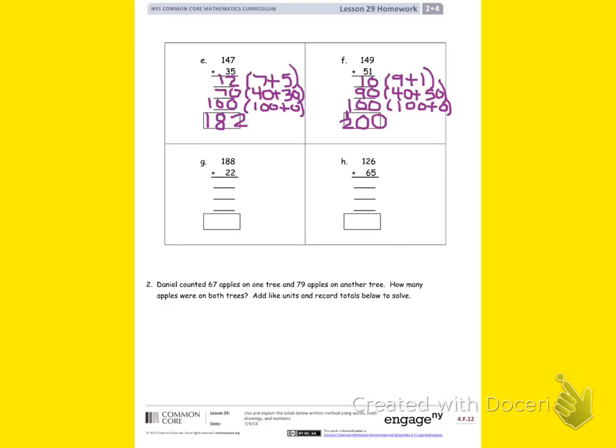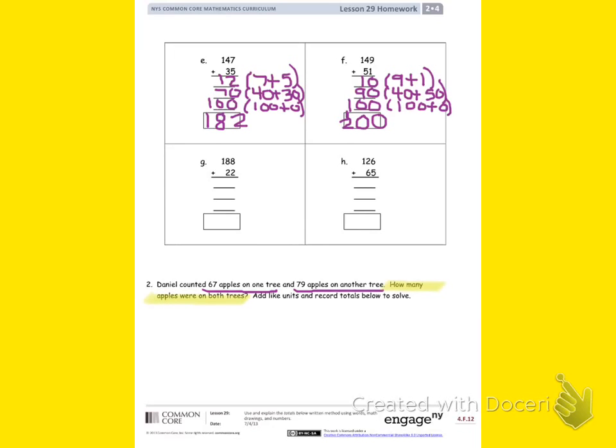Problem 2. Daniel counted 67 apples on one tree and 79 apples on another tree. How many apples were on both trees? Add like units and record totals below to solve. Let's underline the important details. 67 apples on one tree, 79 apples on another tree. I'll highlight the question, how many apples were on both trees?